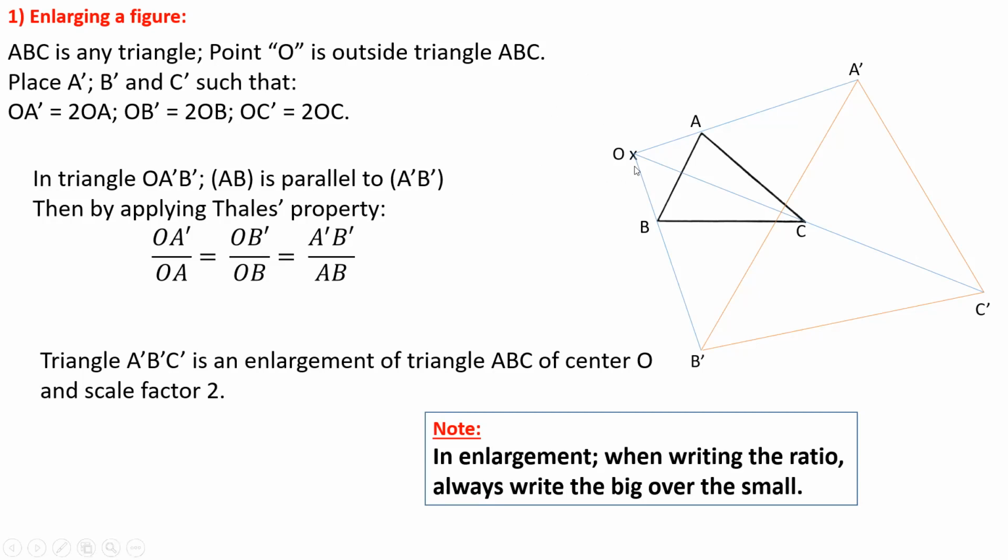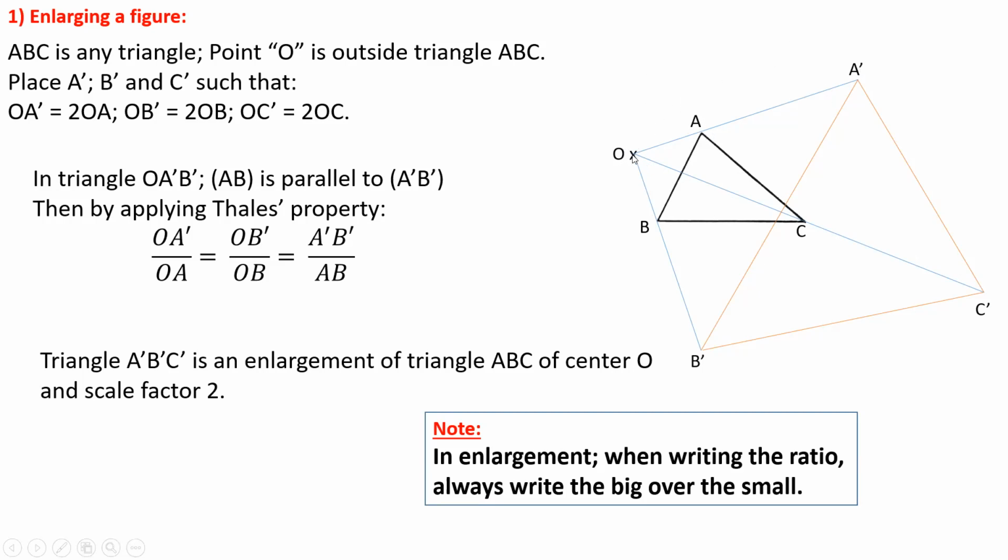Now we say in triangle O, A prime, B prime, we have AB is parallel to A prime B prime. So we have these two lines parallel to each other. Then applying Thales theorem, we have OA prime over OA, because I'm enlarging, so I write the bigger one over the smaller one.